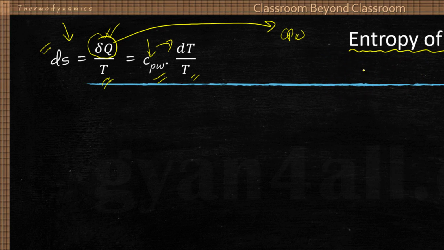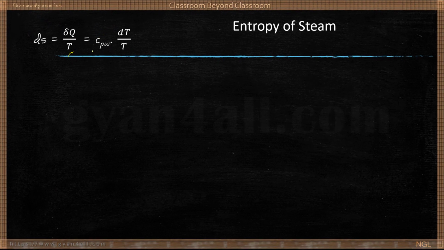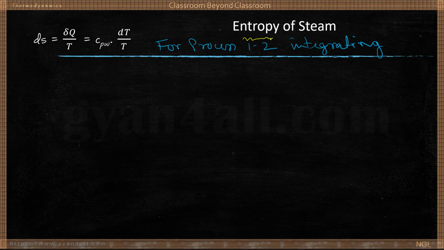If we do the integration of this, what will we get? This is the differential form. If we do integration for a process, say process 1 to 2, the integration from 1 to 2 of ds is equal to the integration from 1 to 2 of CPW dt divided by T. So it will be S2 minus S1, that means the change in entropy.